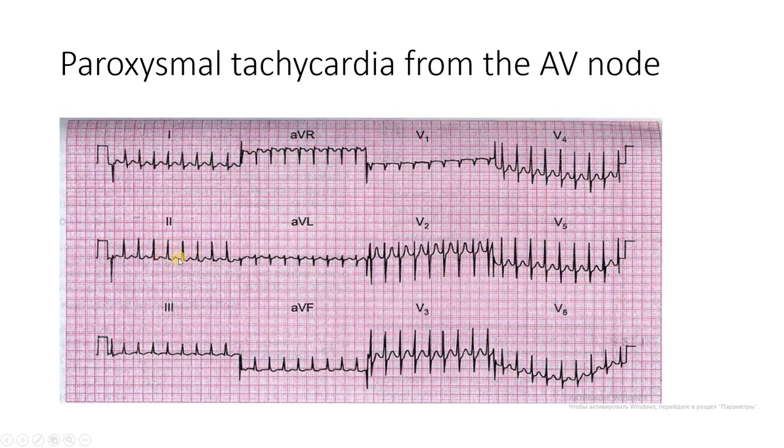This is QRS complex, this is T. Heart rate more than 150. Here almost 180 heartbeats per minute. But we can pay attention to shape of QRS complex. QRS complex normal duration, normal shape, only tachycardia and absence of P waves.